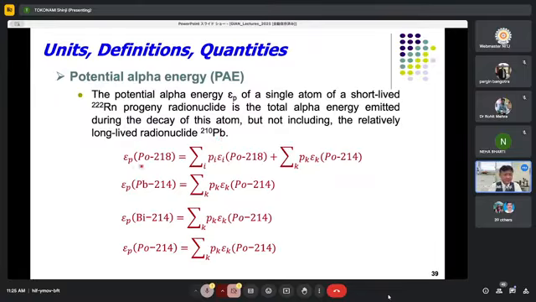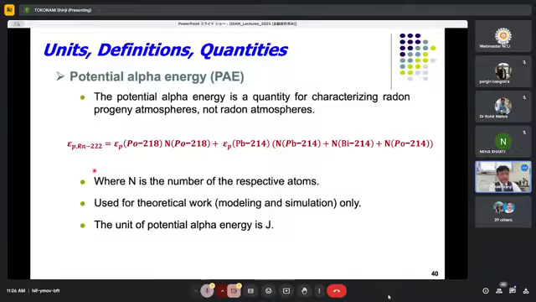Here is the potential alpha energy derived from polonium-218. The potential alpha energy is a quantity characterizing radon progeny atmospheres, not radon atmospheres.